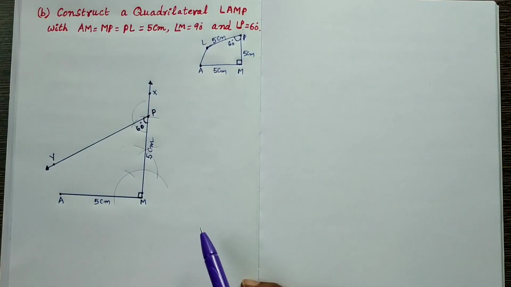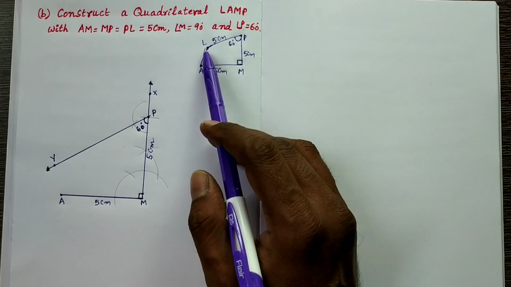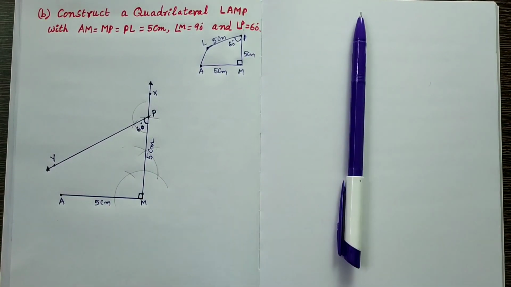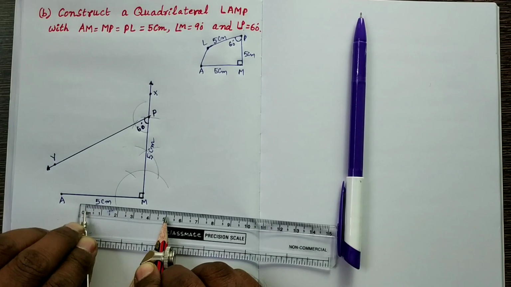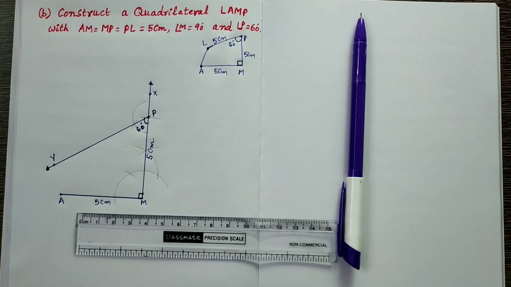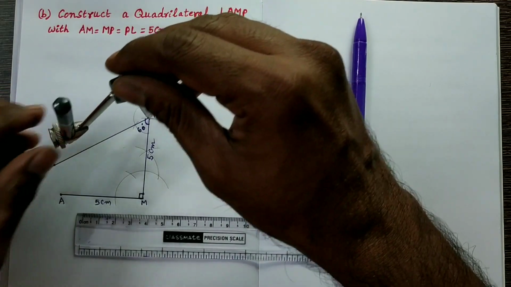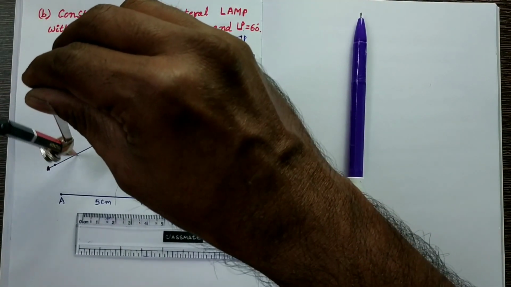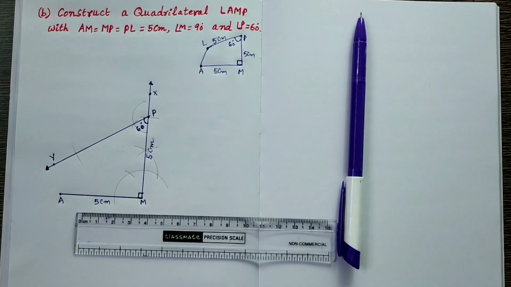Next, PL length is 5 centimeters. Take 5 centimeters radius with the compass, take P as the center and draw an arc.